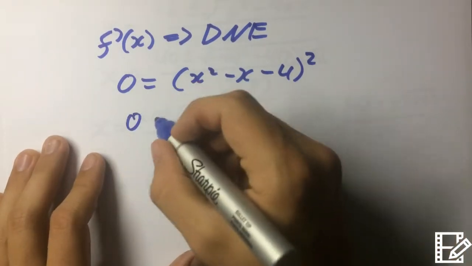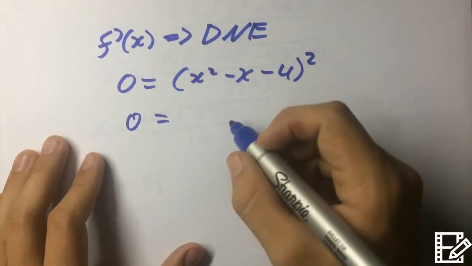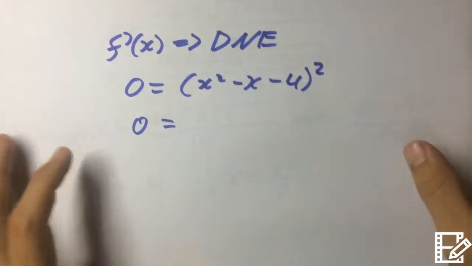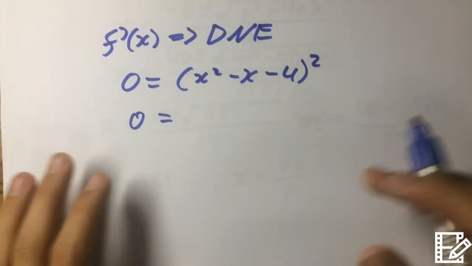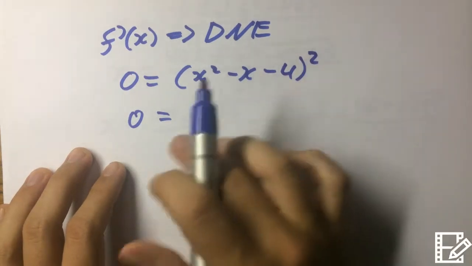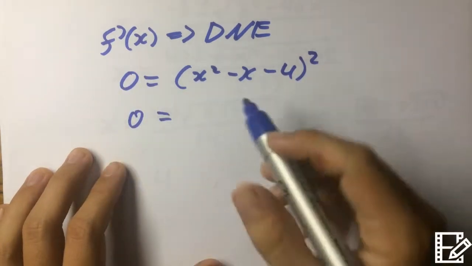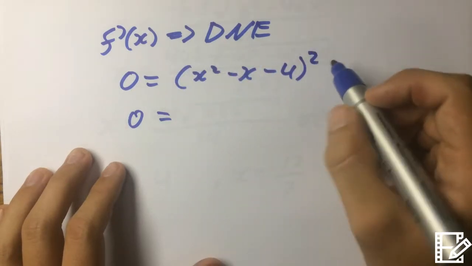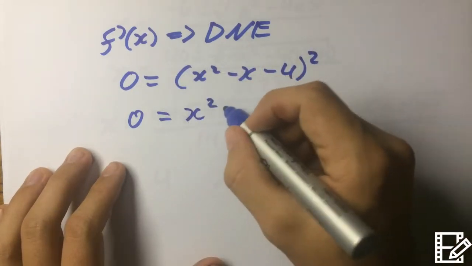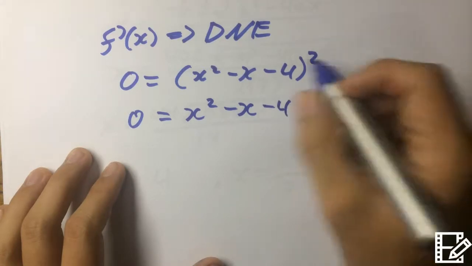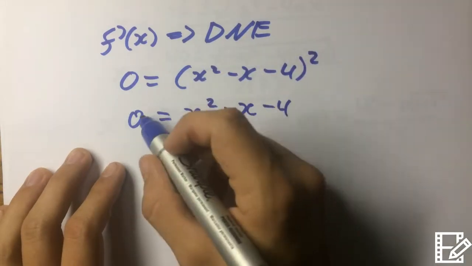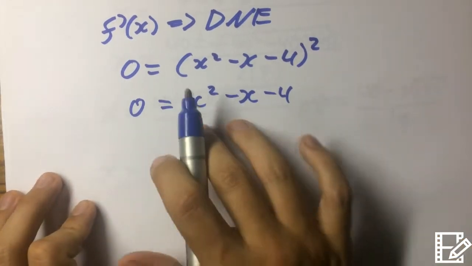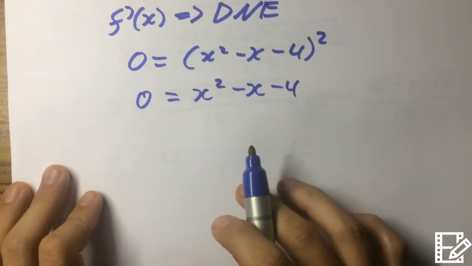Okay, so that's 0 equals, well, we're going to square root both sides, and I've done it in previous videos, and hopefully you've watched those. But if you square root 0, it's just 0, and if you square root something that is squared, it just comes out as that something. So if we square root this, it will cancel out that, and the 0 would stay the same. Anyway, this we use the quadratic formula to solve.